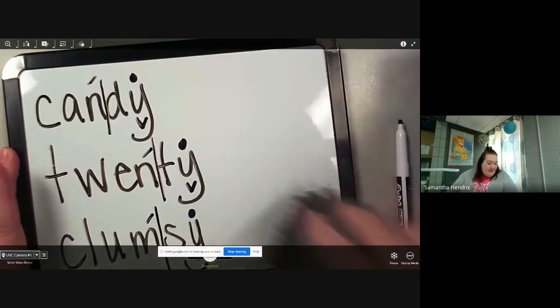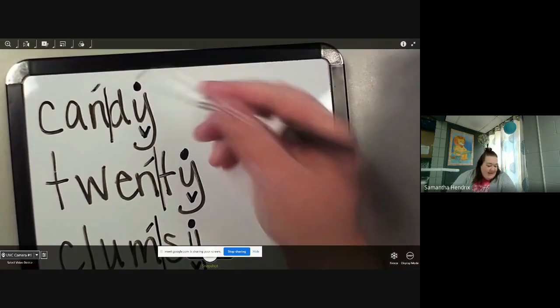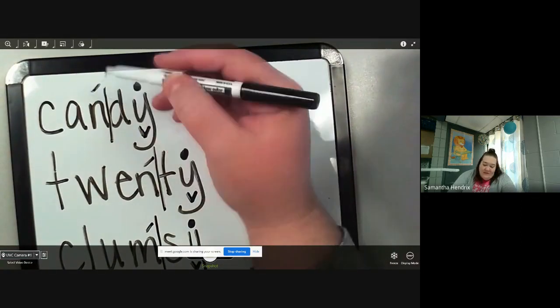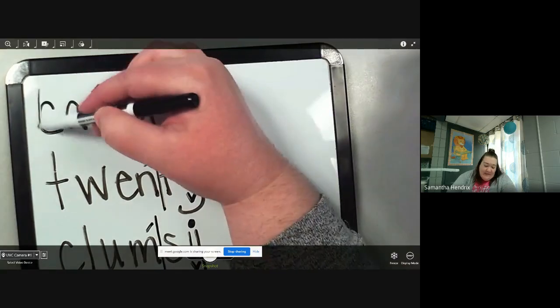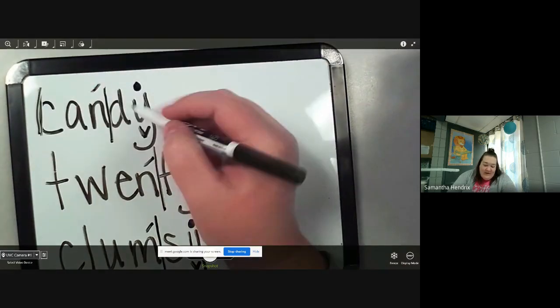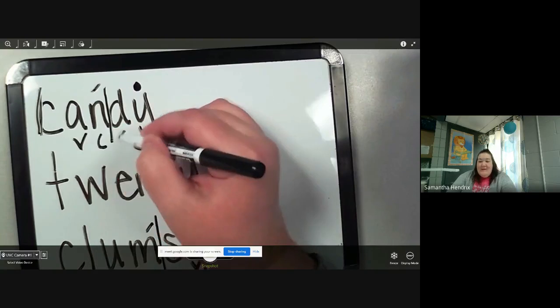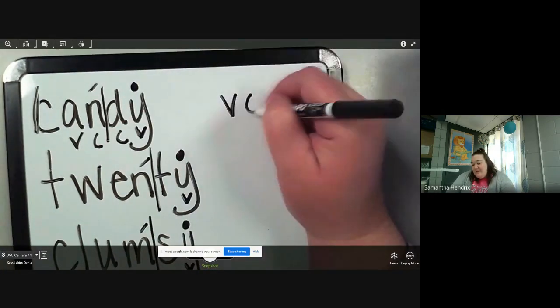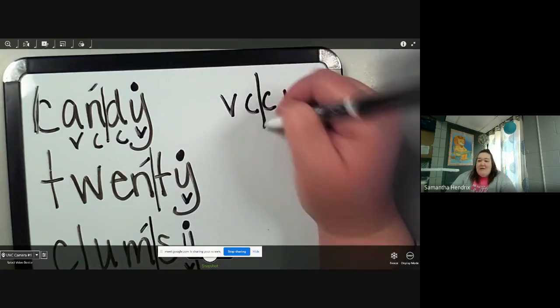So let's finish coding candy. We have this. So we need this. And we have a vowel, consonant, consonant, vowel. Remember, when we have vowel, consonant, consonant, vowel, we split between the consonants.